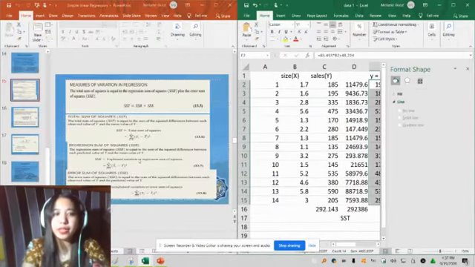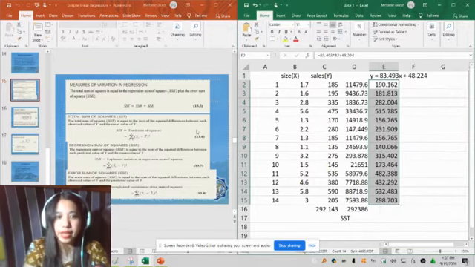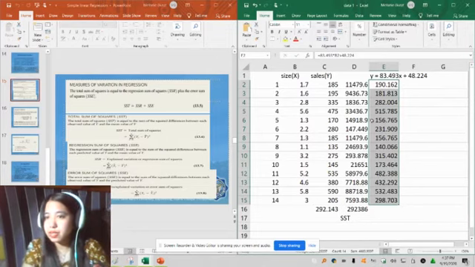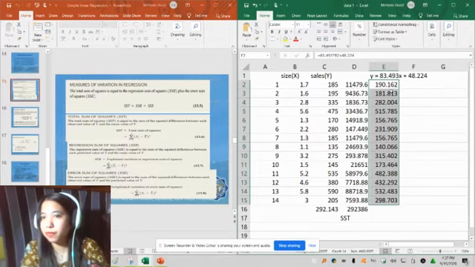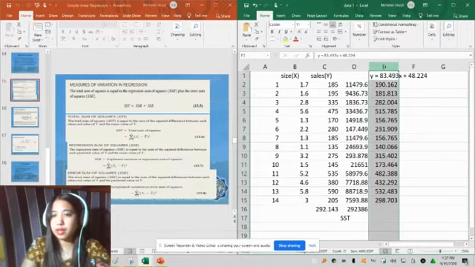What we are computing here is the value of the SSR, because for the formula for SSR, we need our predicted value. This is the y with a caret on it.